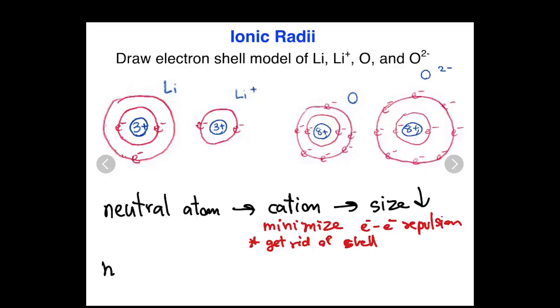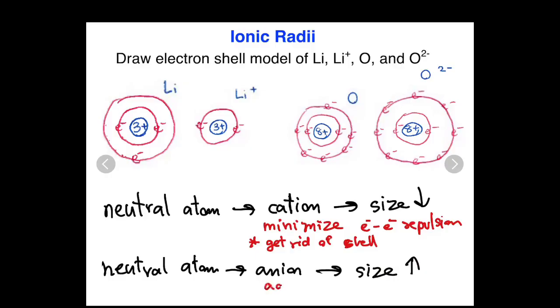However, if you are going from a neutral atom to an anion, this is when you add electrons into the atom, the size would get bigger. The reason for that is because you are adding electron repulsion.